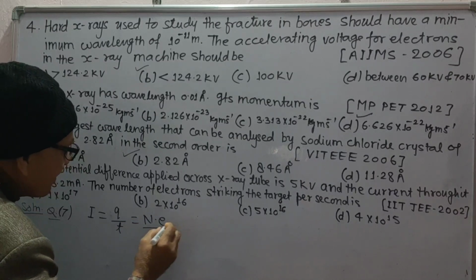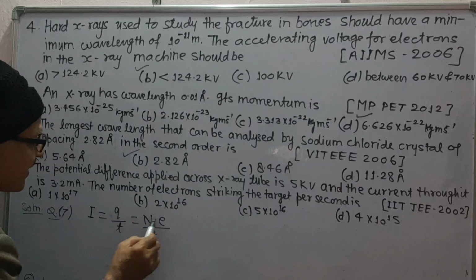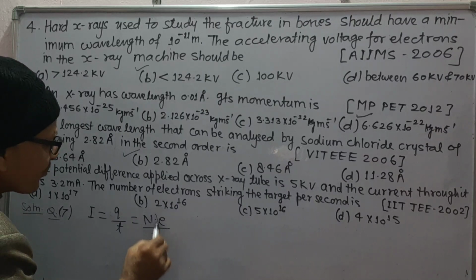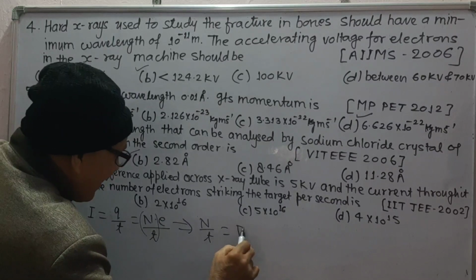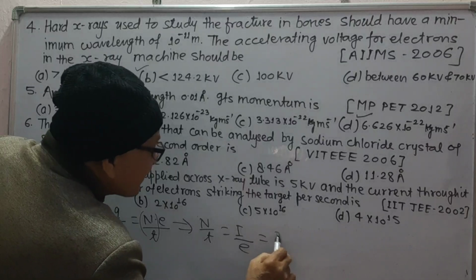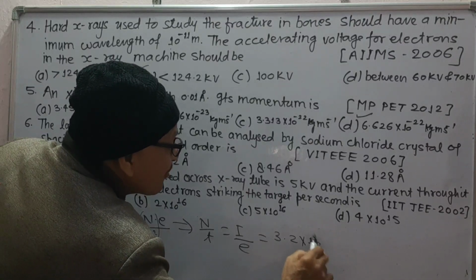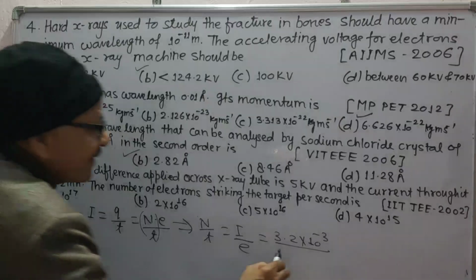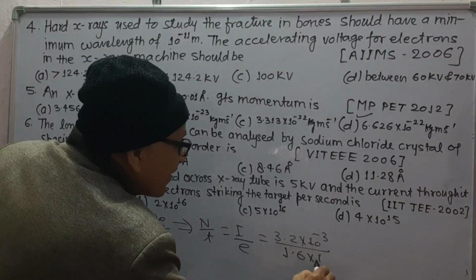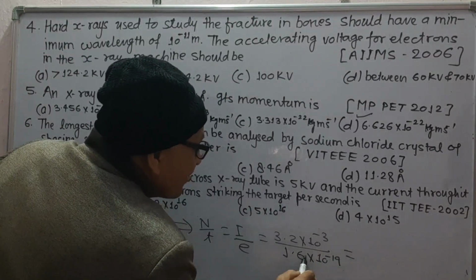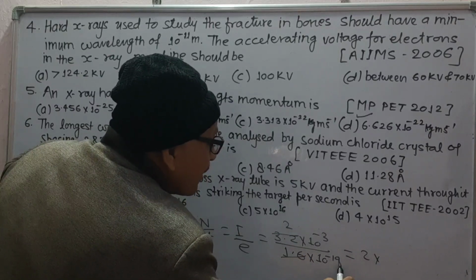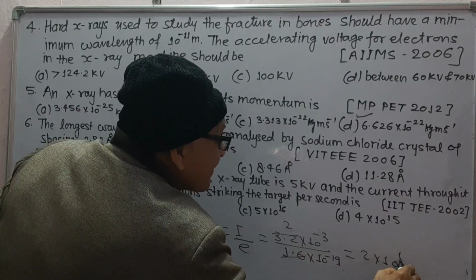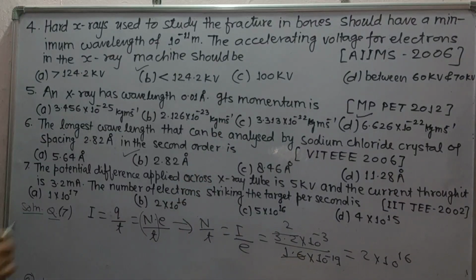So charge is equal to N into E upon T, and so we get N upon T as I upon E. I is given to be 3.2 into 10 to the minus 3 upon E is 1.6 into 10 to the minus 19. So it gives 2 into 10 to the 16. So the correct option will be B, 2 into 10 to power 16.